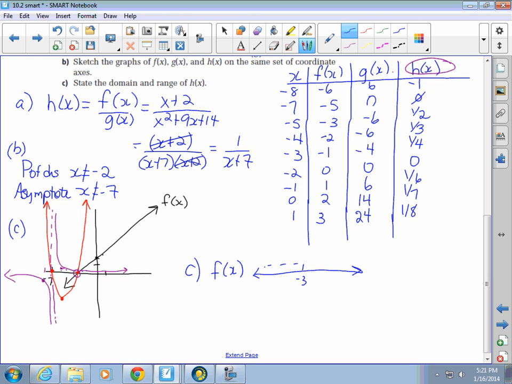And everything to the other side of -2, then they go positive. So it's negative up until that -2, and then positive on the other side. And x is an element of real numbers. I can use every single one for my domain. For the g(x) function, I can use every single positive, or every single element in there.